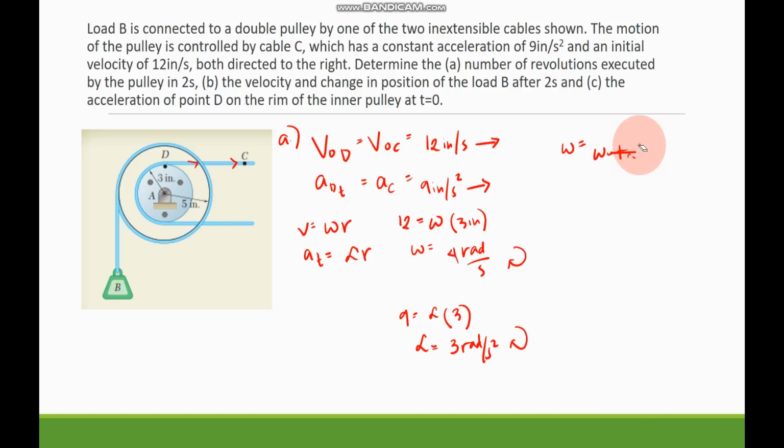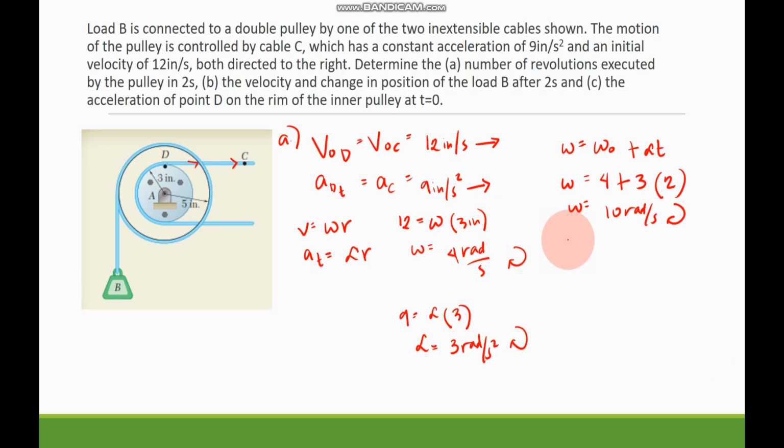The angular velocity is equal to the initial angular velocity plus the angular acceleration multiplied by the time. So the initial angular velocity is equal to 4 rad per second plus 3, and at time equal to 2 seconds, so 2. Therefore, the angular velocity is equal to 10 rad per second in clockwise motion.